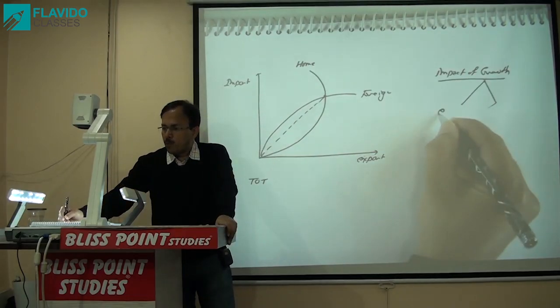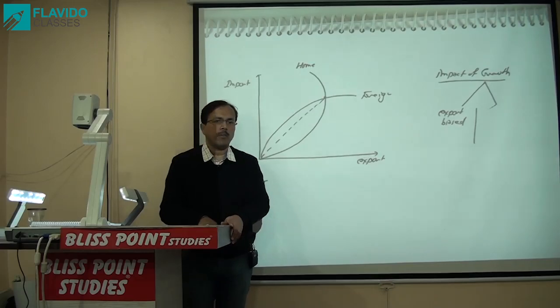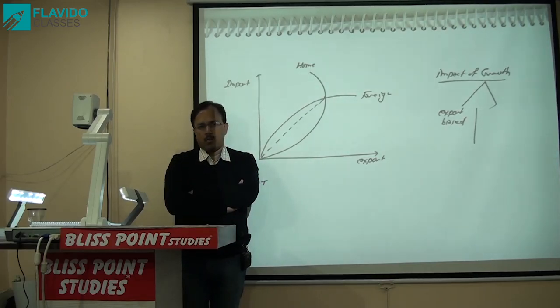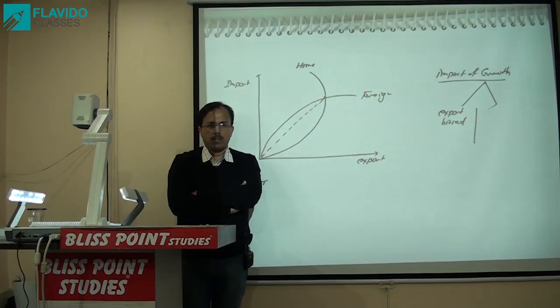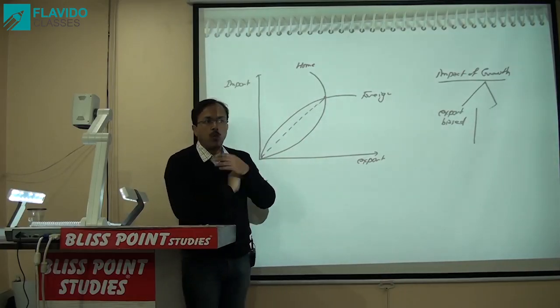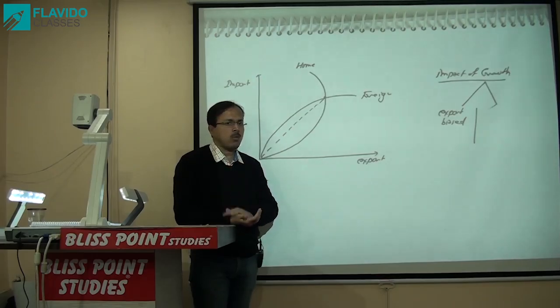If it is export bias, then one by one, what will be the impact on price of export? It will fall. As price of export will fall, it means you will have to export more quantity to buy the same quantity of import, because price of export has reduced.